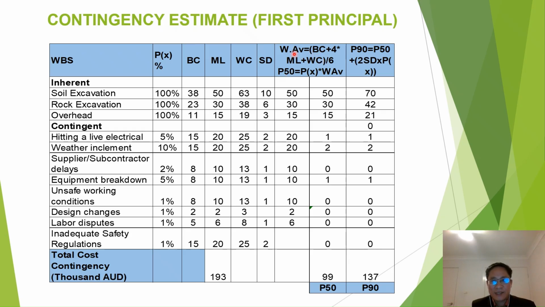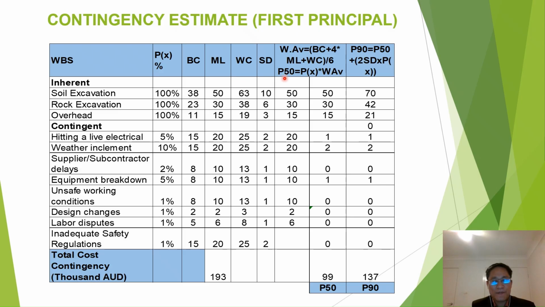And in this column, we will calculate the weighted average, which is equal to best case plus 4 times most likely plus worst case, divided by 6, and then we have this column.